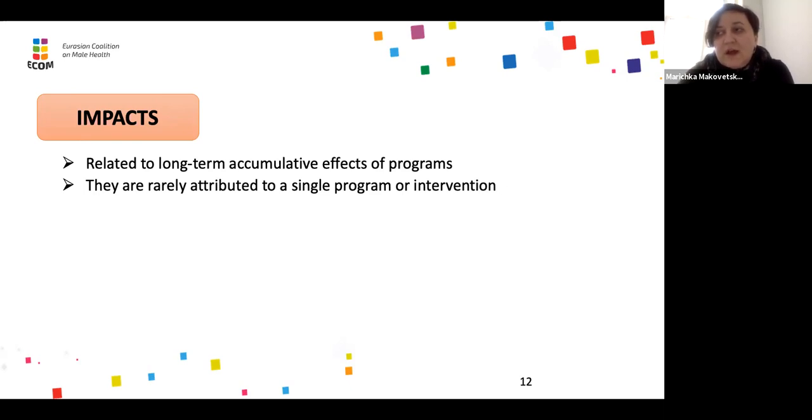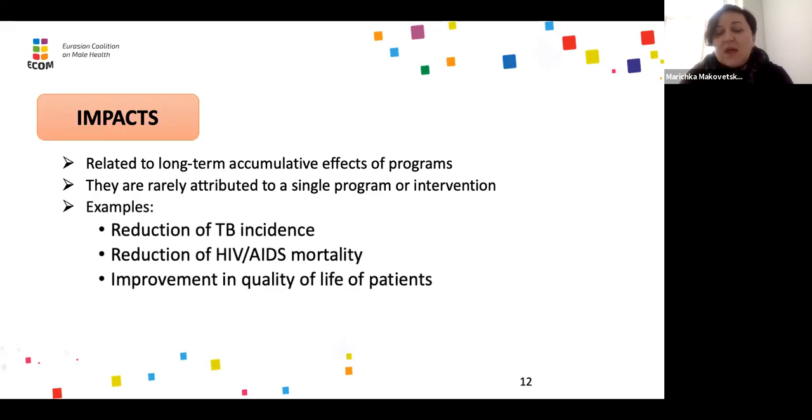It's mostly a comprehensive scope or pool of different activities that lead to your impact. What do you mean? For example, if you talk about reduction of TB incidents, that means that you cannot reduce TB incidents only by giving people drugs. Besides that, you should have a good treatment adherence program.